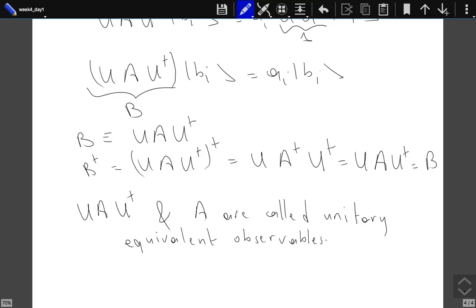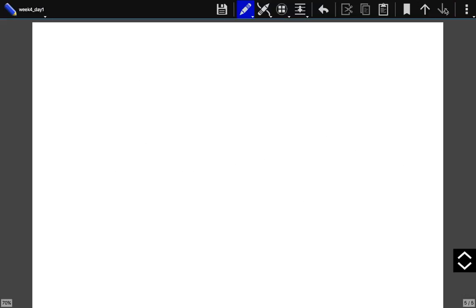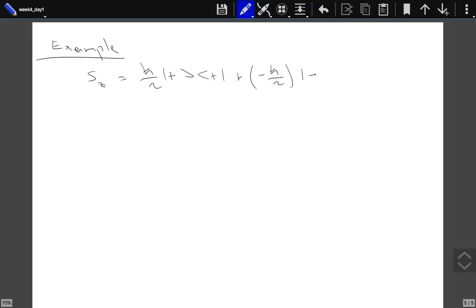Well, let's construct this operator U. We said that Sx and Sz are unitarily equivalent. So what is this operator U in that case? We had constructed the Sz operator: h bar over 2 times plus-plus minus minus-minus. This was our Sz.